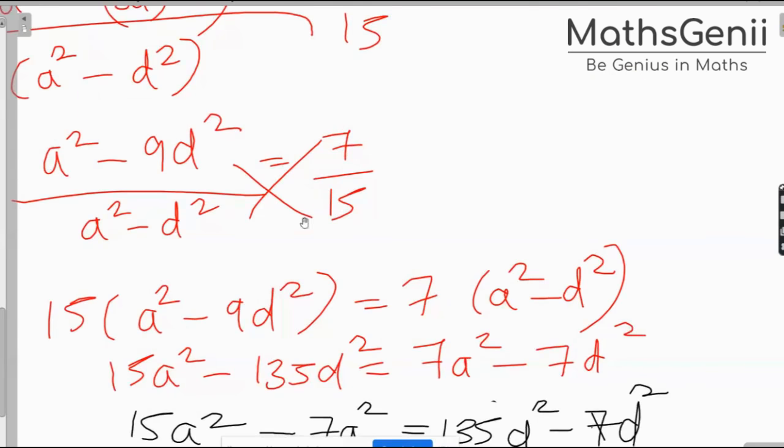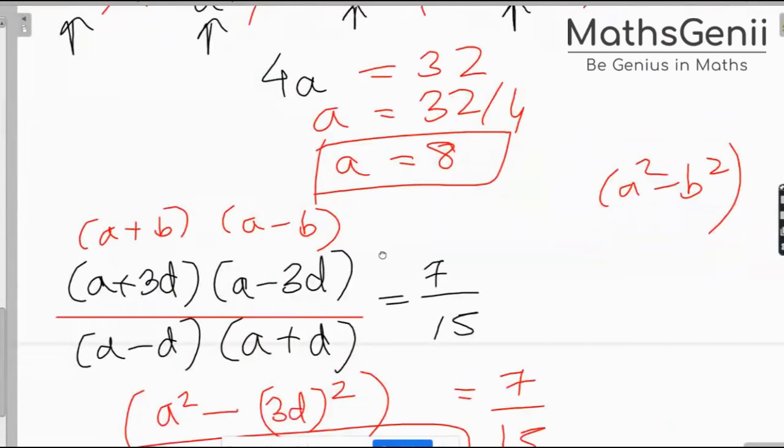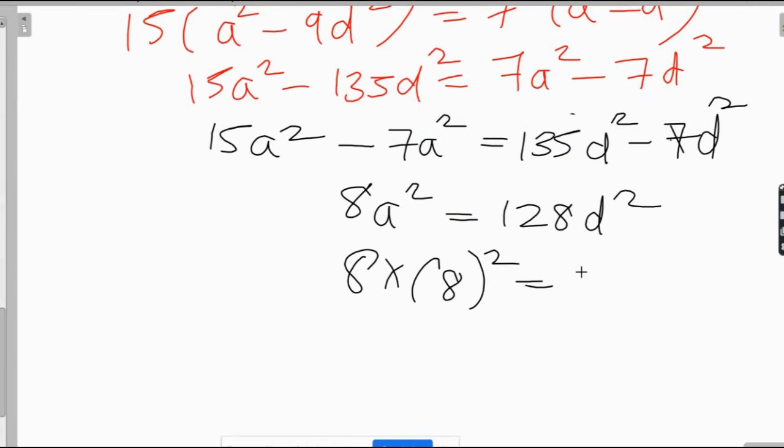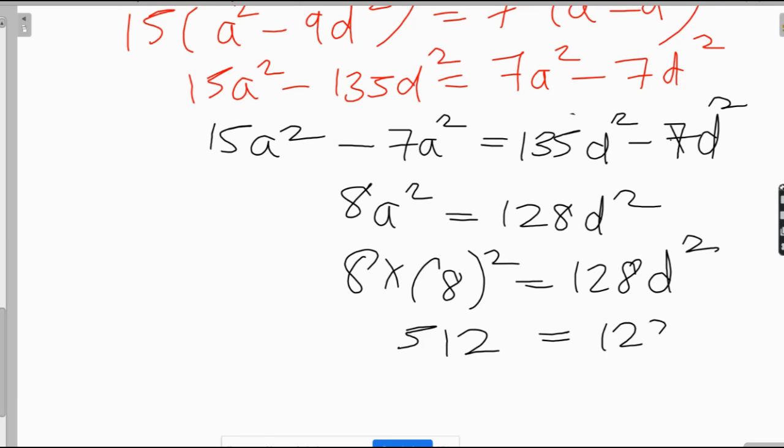We have found the value of a. What is the value of a? A is 8. So in place of a I'm writing 8. D I still don't know. 8 square is 64. 64 into 8 is 512. So d square is equal to 512 upon 128.